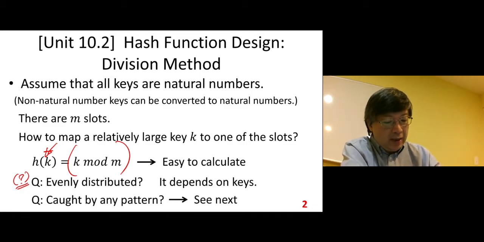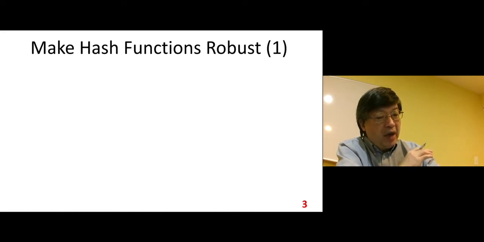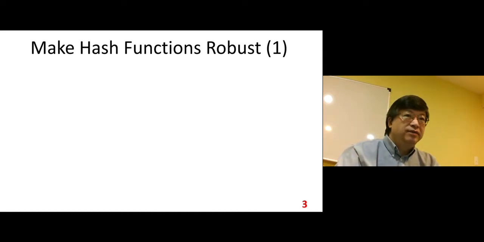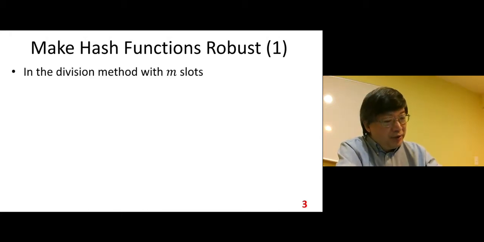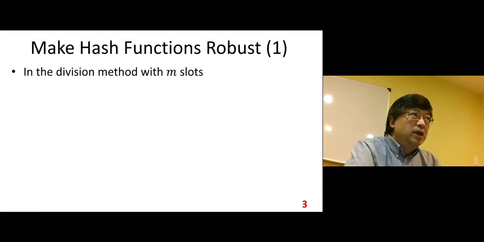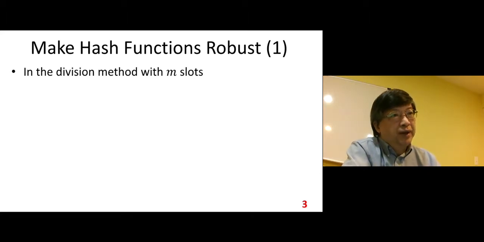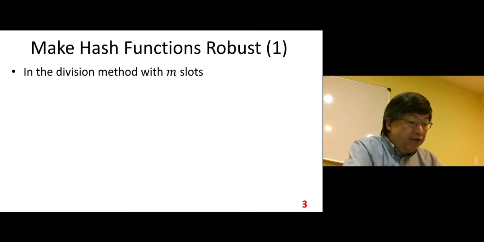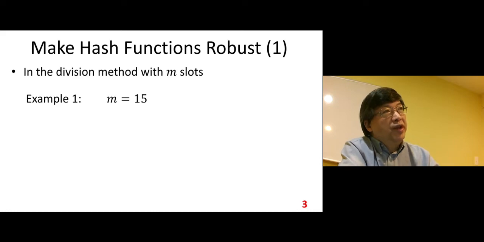All right. So let's see how to make hash functions robust. I want to use one simple example to show you what mapping function is not very good. The first example, let's consider m equals 15.